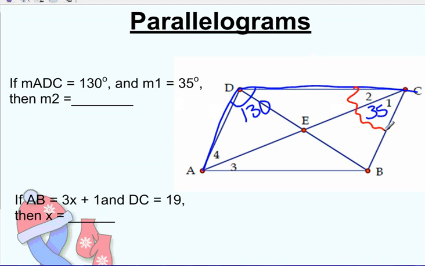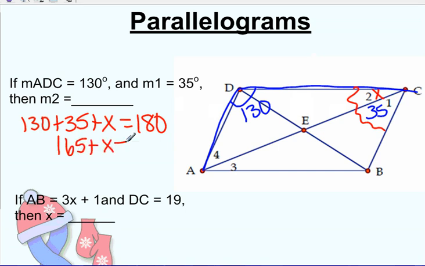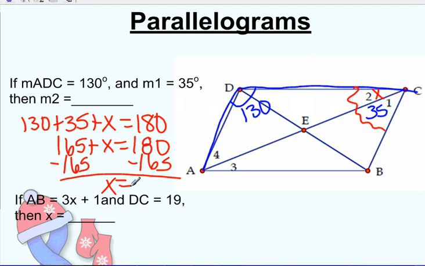And we know part of angle C, so we're going to put x there for angle 2, and I'm going to add everything up to 180. So 130 plus 35 plus x equals 180 degrees. So we're going to simplify there, and we're going to get 165 plus x equals 180. Subtract 165 from both sides. So we get x to equal 15 degrees, so that would be the measure of angle 2.